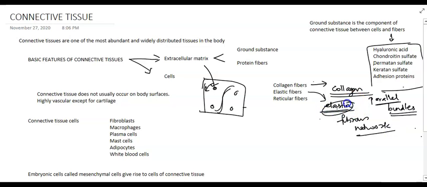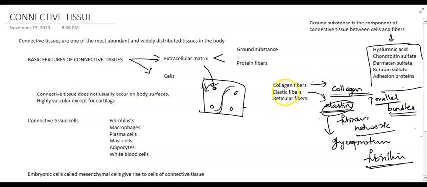And this elastin protein is surrounded by a glycoprotein called fibrillin. And this adds strength and stability to these elastic fibers.